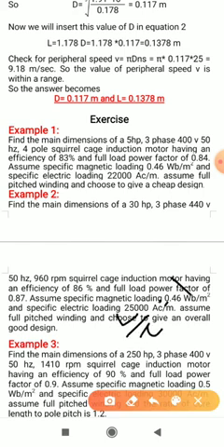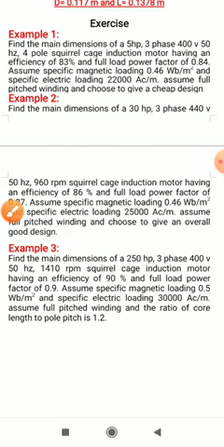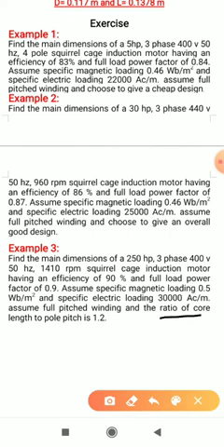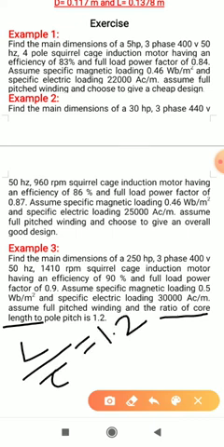The other example is the same, and in example 3 it is given here. You can see in the last line the ratio of core length L to the pole pitch, the pole pitch being tau, is equal to 1.2. So you have to solve example number 3 by considering L by tau equal to 1.2.